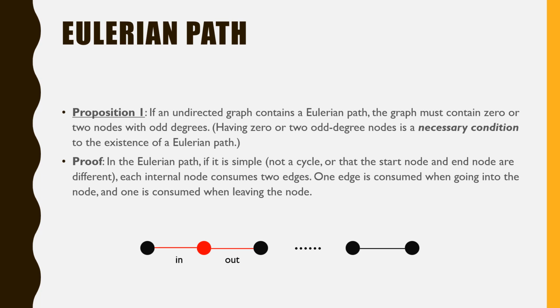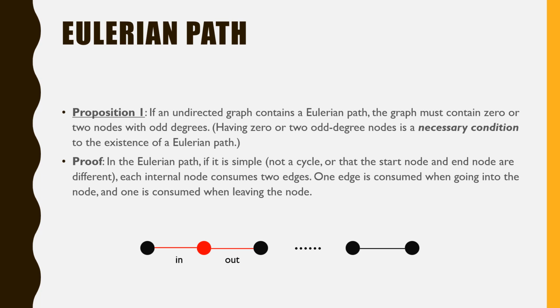To understand why, consider a graph that has a Eulerian path. Suppose that this path is not a cycle, meaning it starts and ends at different nodes. In such a path, each time it passes through an internal node, it uses two edges, one to enter, one to leave.